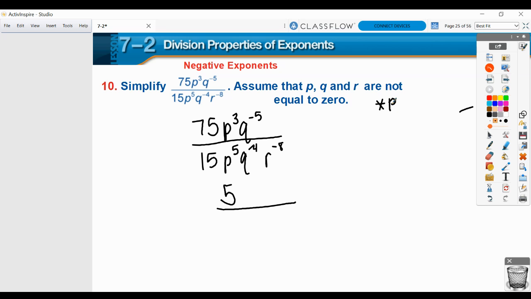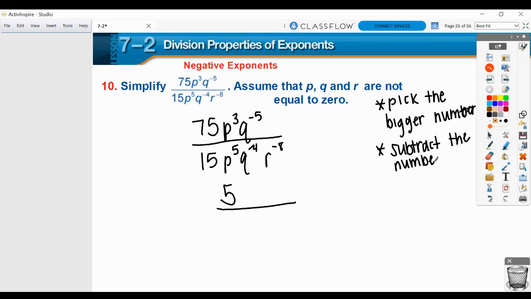Okay, you want to pick the bigger number, then subtract the numbers, and then put the answer where the bigger number was.